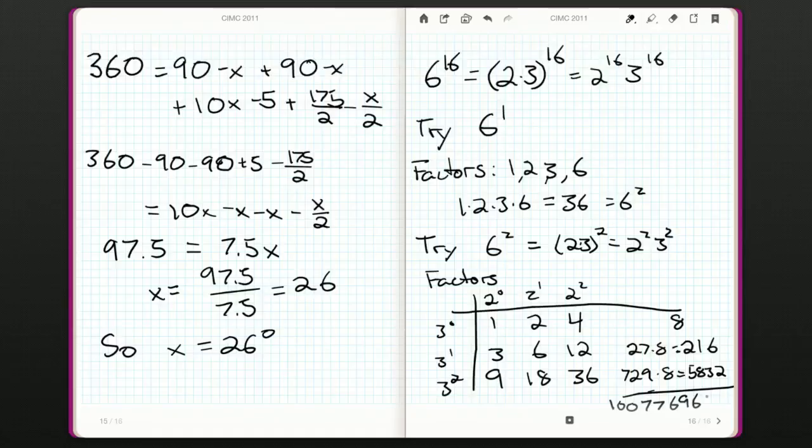That is 6 to the, oh geez, calculator's not cooperating with me. 4, 5, 6, 7, 8. So I think it's 6 to the 8. No, 6 to the 9.